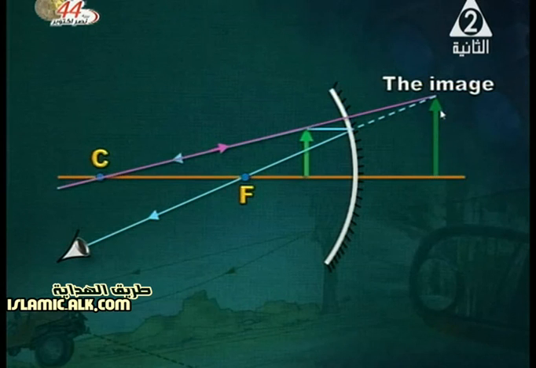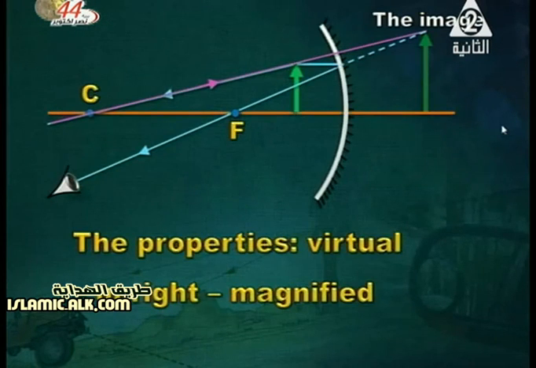We see that the image is magnified compared to the object, and it is formed behind the mirror. Also, it is a bright image. The properties of this image are virtual, upright, magnified.